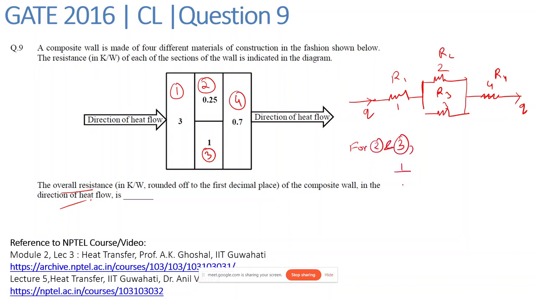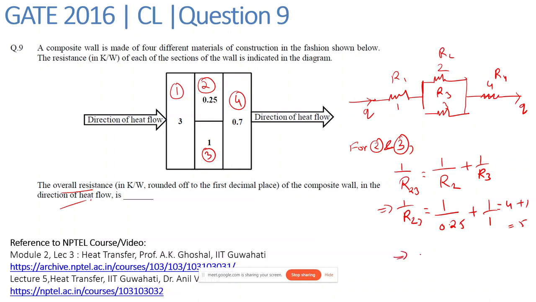The overall resistance will be 1 upon R23 is equal to 1 upon R2 plus 1 upon R3, and this will be equal to 0.25 plus 1 upon 1. So this will be 4 plus 1 is equal to 5. That will give us R23 is equal to 1 by 5, that is 0.2.